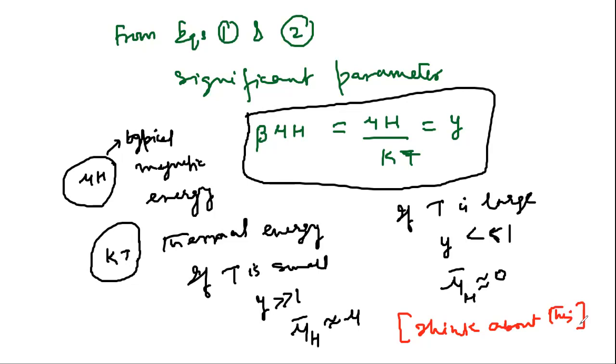Now we have discussed this situation qualitatively. So what should happen at high temperature and low temperature? Now these qualitative conclusions can be readily made quantitative by actually calculating the mean value of the magnetic moment. So let us calculate.